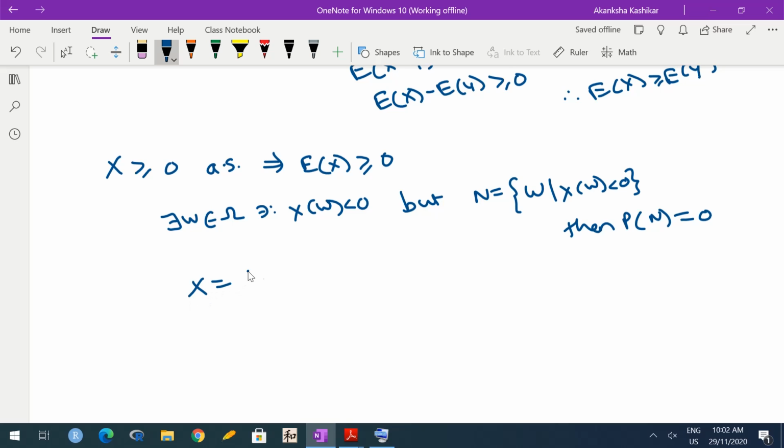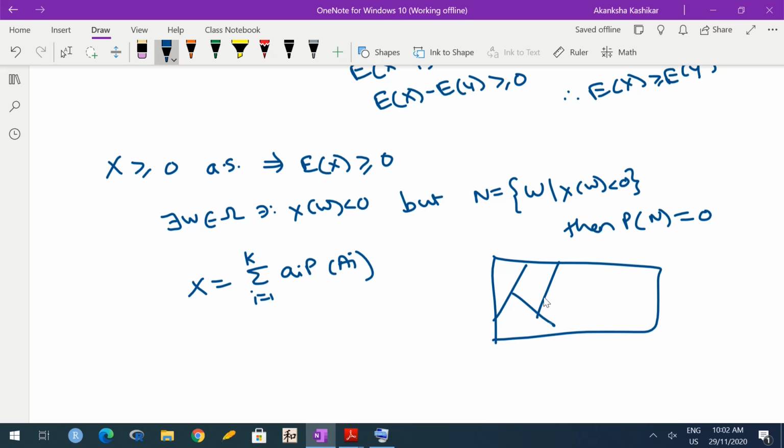What we know is X is the summation of Ai times probability of Ai, i going from 1 to k. Now we know that some of the Ai's are negative, but for those, the set of all omegas for which X of omega is less than 0 has 0 probability. Let me try to draw a picture. Suppose here the value is a1, here it is a2, a3, a4, a5, a6, a7, a8.